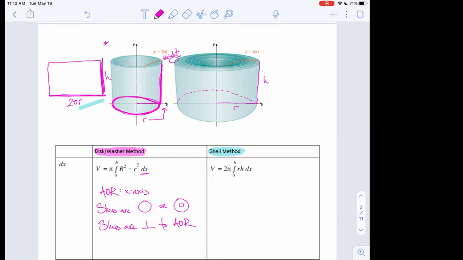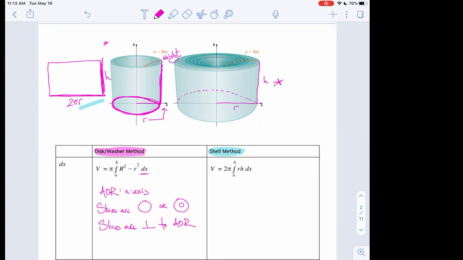So when I have these shells, I have an infinite number of them. What I'm really saying is, listen, I have this soup can, I put one label on, and then I kept putting more labels on. And every single label that I put on makes the can wider and wider and wider. So what we have in this picture is a can that has a whole lot of labels on it.